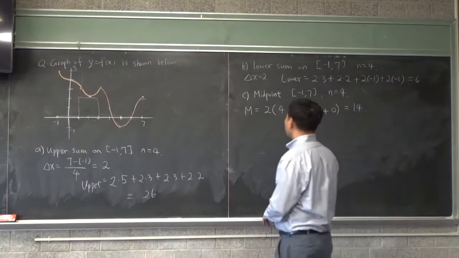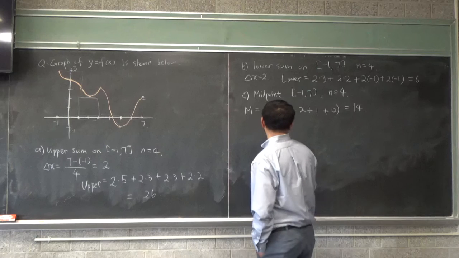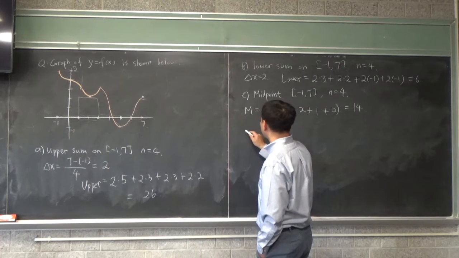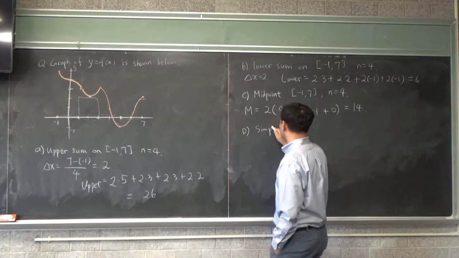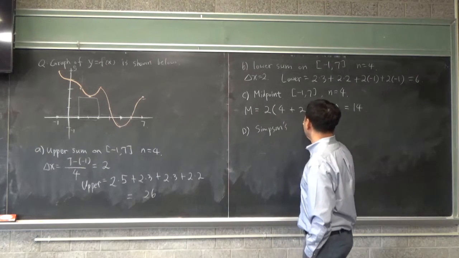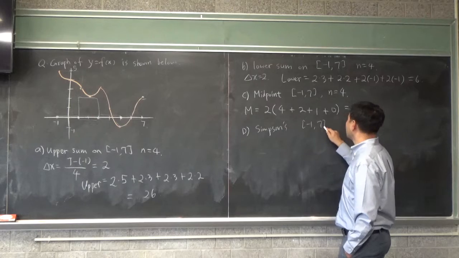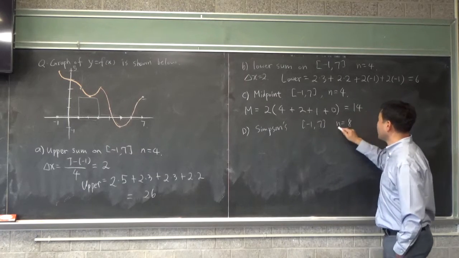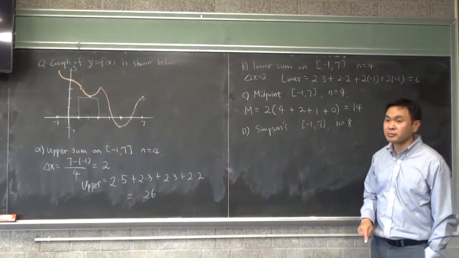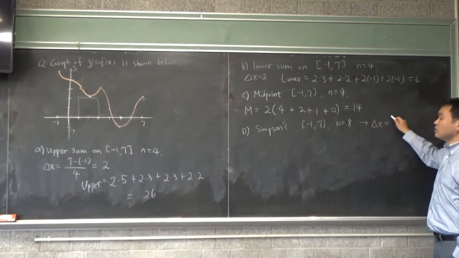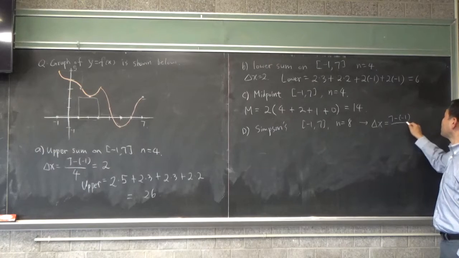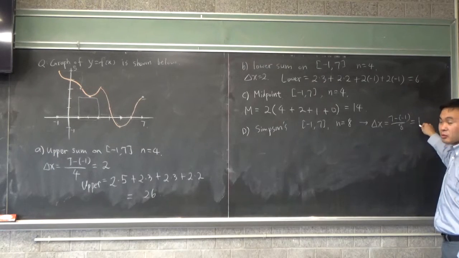Okay. So let's try to do the following. What if we have Simpson's for the -1 through 7, but this time n equals 8. If n is 8, what's our delta x? 7 minus -1 divided by 8, that's 1. Right?